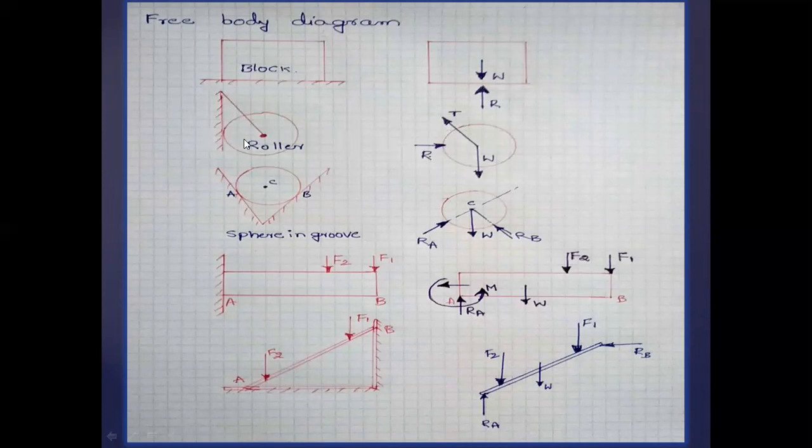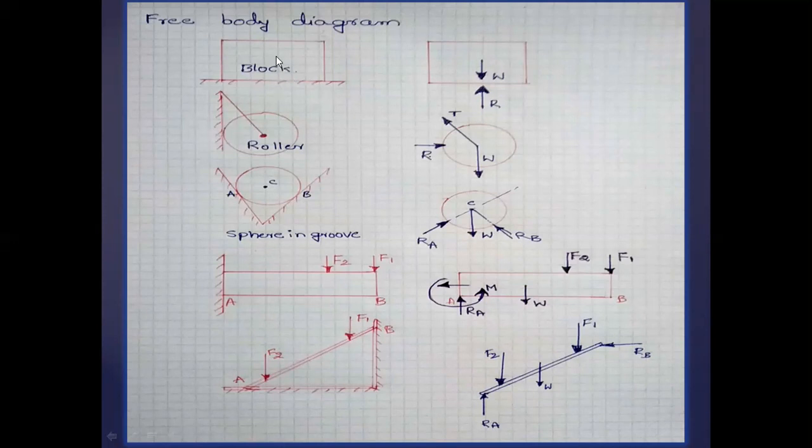Next, to keep this roller in equilibrium along with the string, it is rested on a wall. When an object is in contact with a contact surface, there will be a reaction force which always acts normal to that surface.